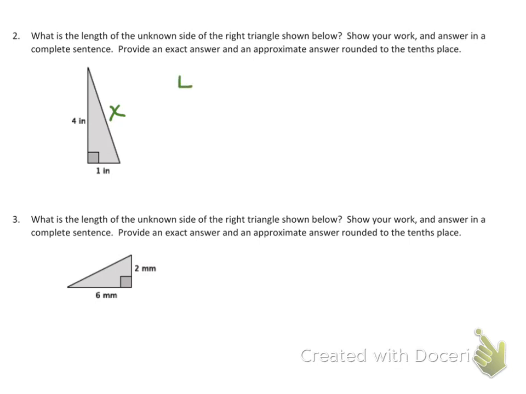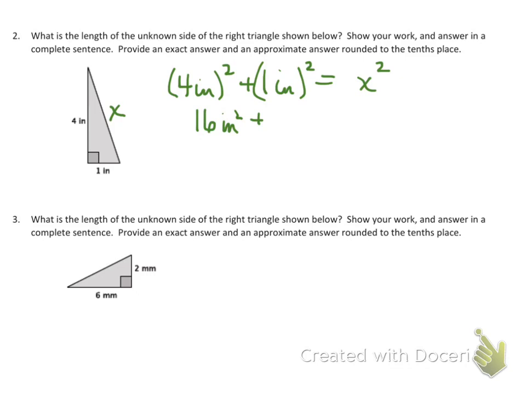So what we have is that 4 inches squared plus 1 inch squared is equal to x squared. So we have 16 square inches plus 1 inch times 1 inch is still just 1, but it's inches squared now.